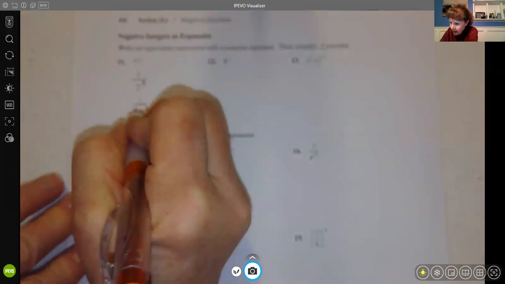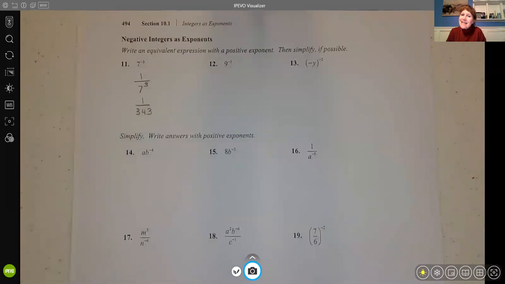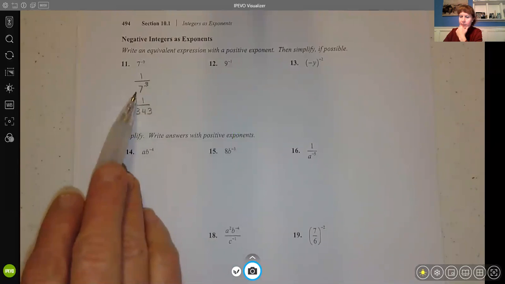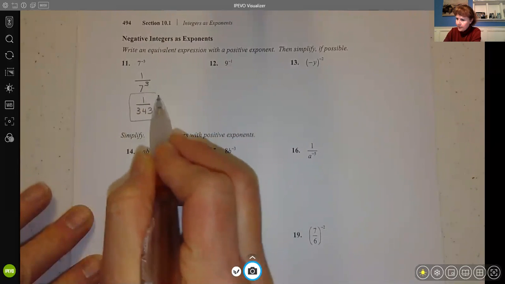Just remember that it's not 21. It's 7 times 7 times 7. So just watch that. Make sure you don't take 7 times 3. It's not a multiplication. It tells you how many 7s you're multiplying together. So there's your answer.